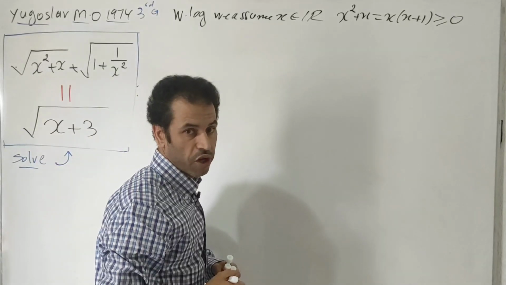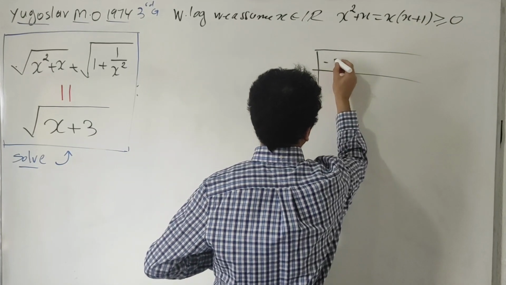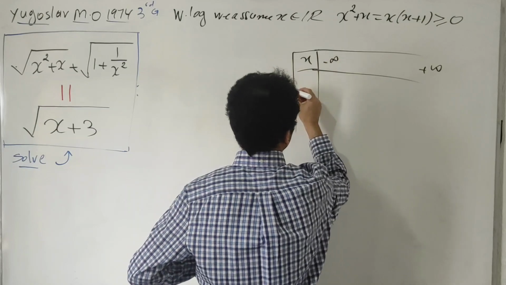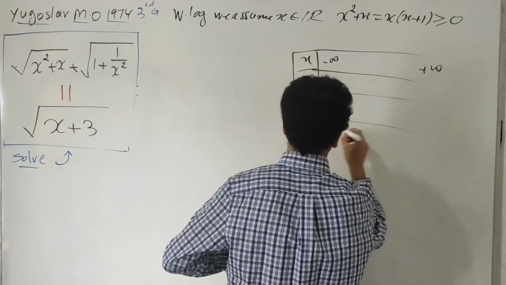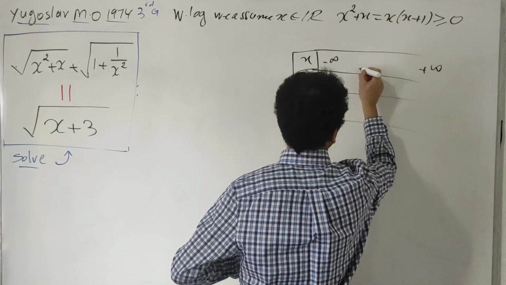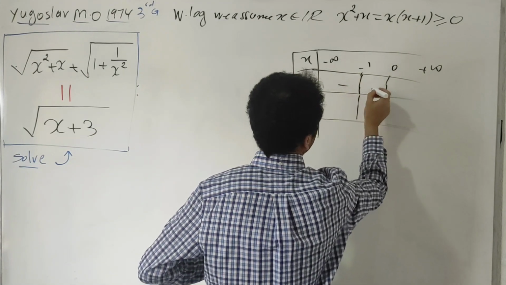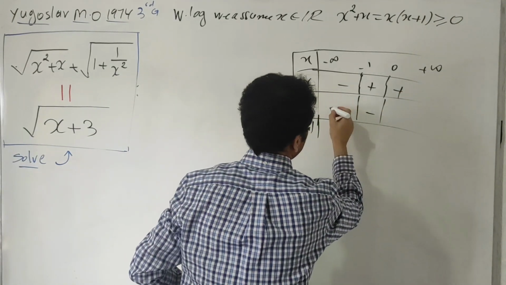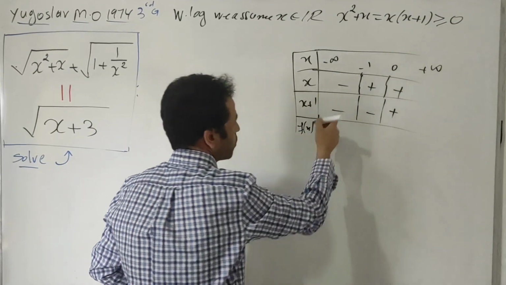I'm going through the variation table. We have minus infinity to plus infinity, we have x, we have x plus 1, and we have the product f of x, for example. I have roots minus 1 first, then 0. For x less than minus 1, I have negative here, negative, so the product is positive. Between minus 1 and 0 it is negative, and above the point 0 the product must be positive.